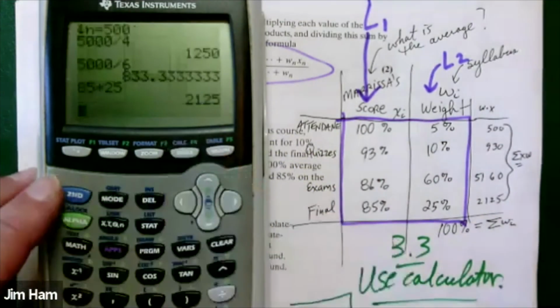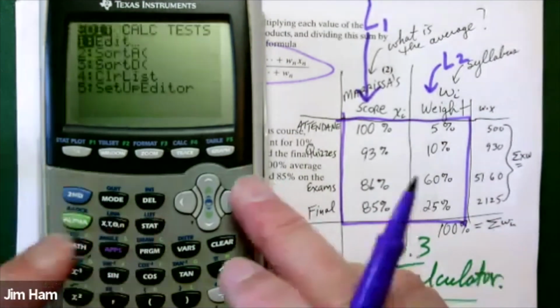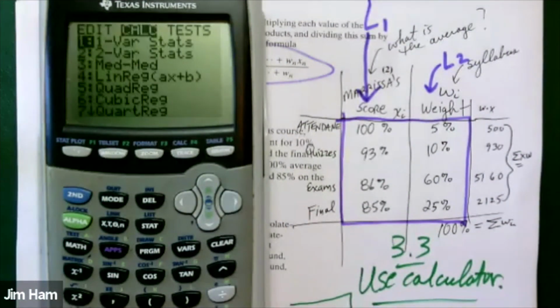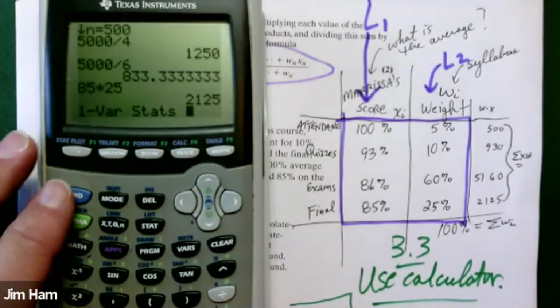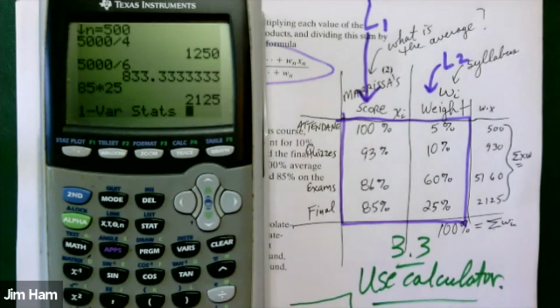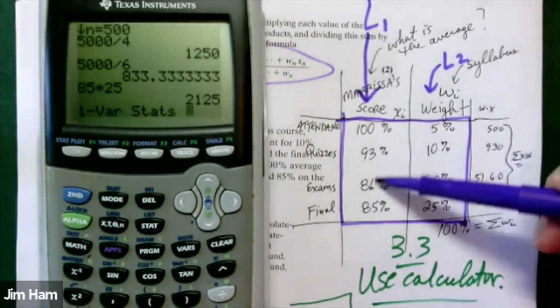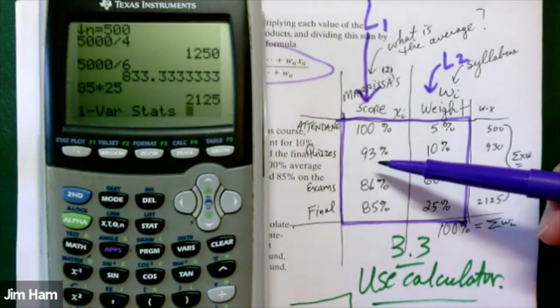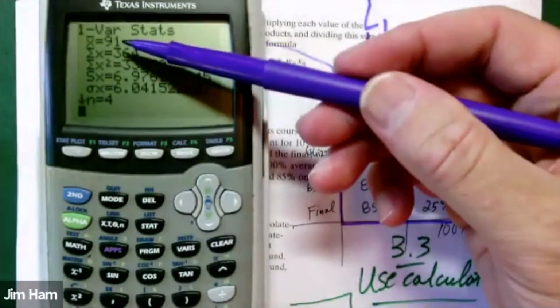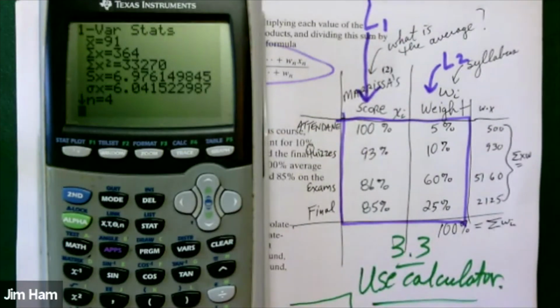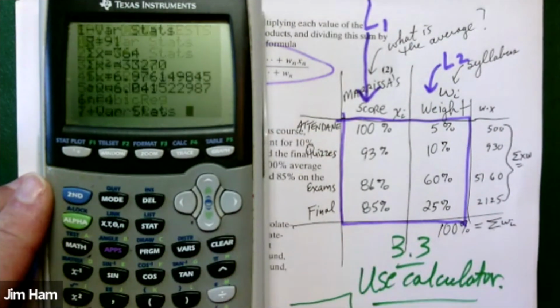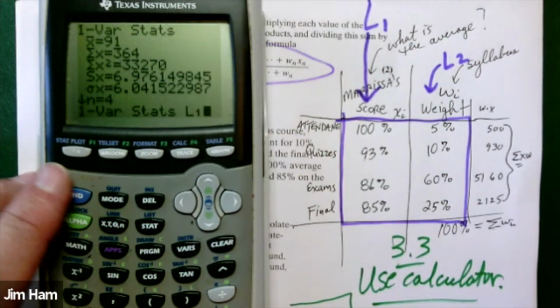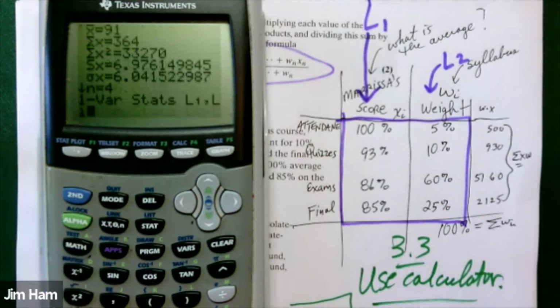And I'm going to quit and run the one variable statistics again. Here's an error that students make. If I just hit enter here, it would calculate the average of just those 4 scores. Wow, my average is 91. I'm going to get an A in this class. However, that's not correct. When you calculate the one variable statistics, you have to provide both the L1 and the L2.